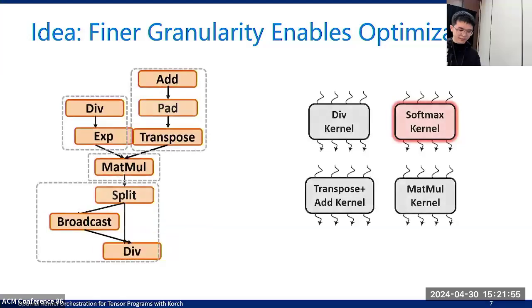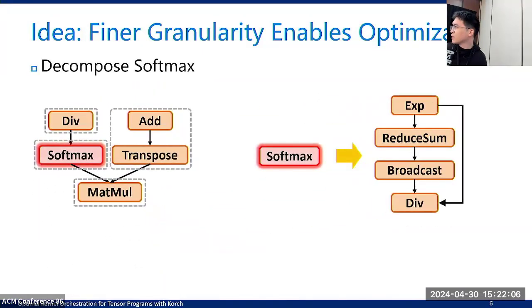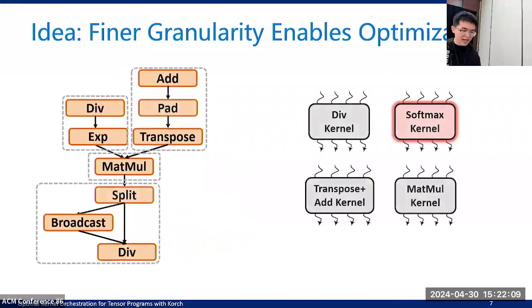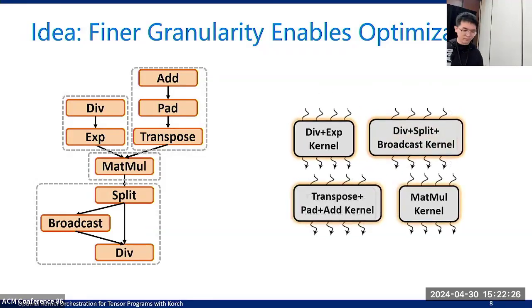The key benefit of this decomposition is that we can do more graph-level transformations and fuse different parts of softmax with other parts of the graph. Here, exp can be fused with the division, and pad can be fused with add and transpose. The reduce is merged with matmul, and the softmax kernel becomes a much cheaper one. So the calculation of softmax can be distributed into all the other kernels in the subgraph.